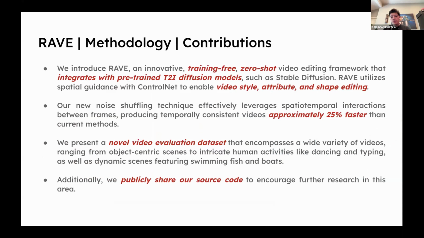We are also approximately 25% faster than other methods, which is important in diffusion process. We also present a novel video evaluation dataset, which is open source, and we publicly share our source code on GitHub, and you can also find it on our website.